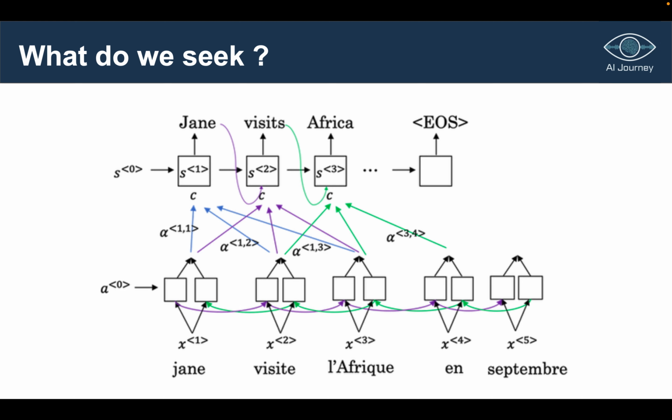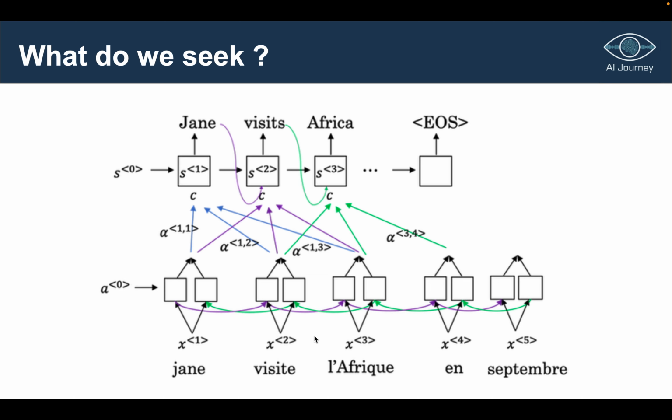As we can see here, when processing the French sequence, we are computing activations for each timestamp. And when we decode tokens out in English, a smart way to do it is to pay attention differently to every input token activation, instead of just aggregating the full information into the decoder.